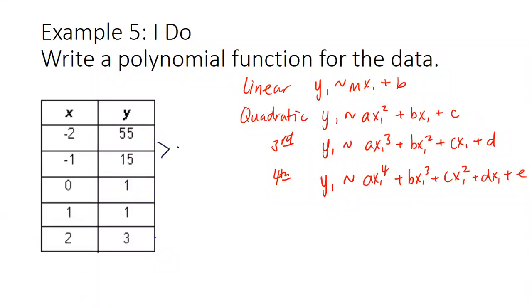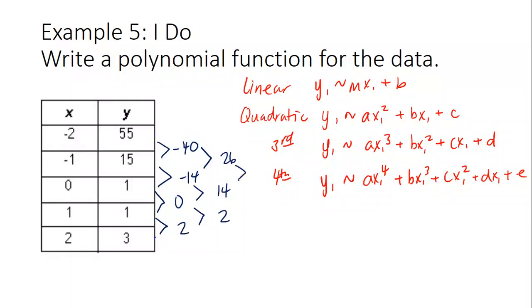So 55 to 15 is negative 40, right? 15 to 1 is negative 14. 1 to 1 is 0. 1 to 3 is 2. Is it linear? No. Negative 14 minus negative 40 is 26. 0 minus negative 14 is 14. 2 minus 0 is just 2.